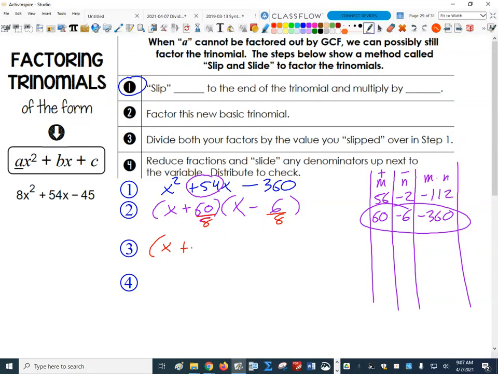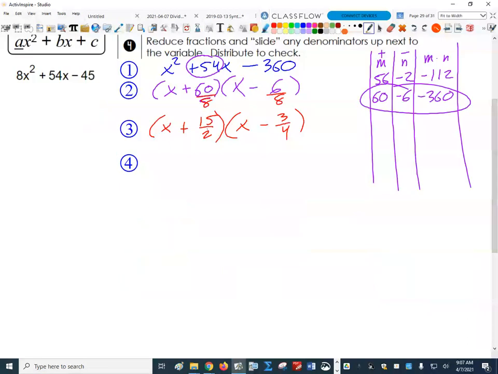Okay, so 4 goes into 60 15 times. 4 goes into 8 twice. 6 and 8, that'd be a 2, wouldn't it? Divides into both. So I get 3 and 4. And then finally, last step, I'll just slide the denominators up. And I think you guys have got this stuff. So I get the quantity 2x plus 15 times the quantity 4x minus 3.